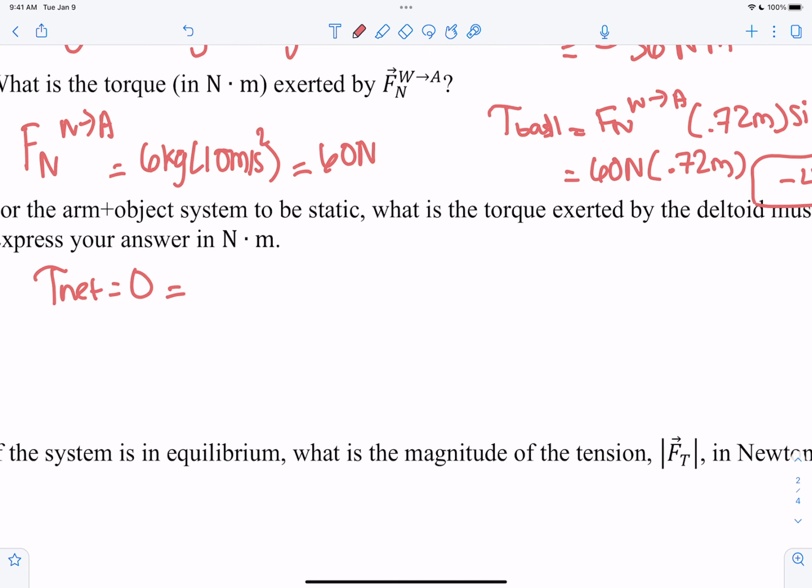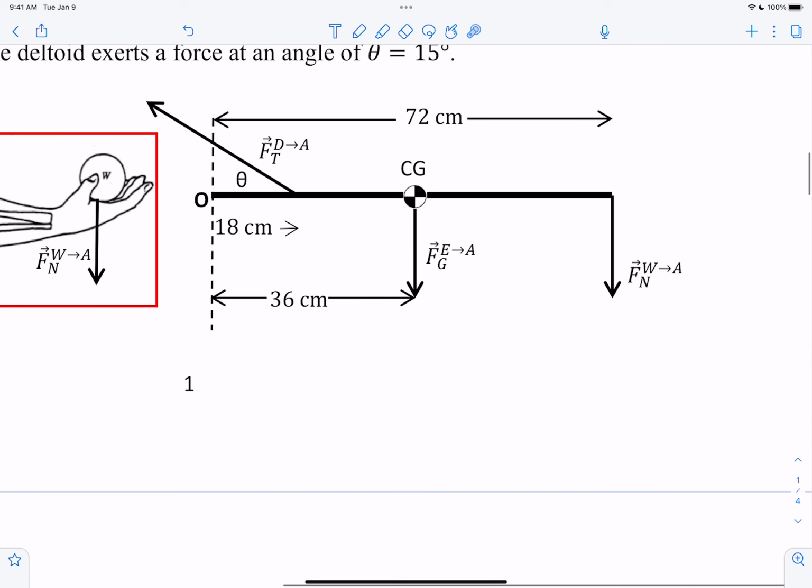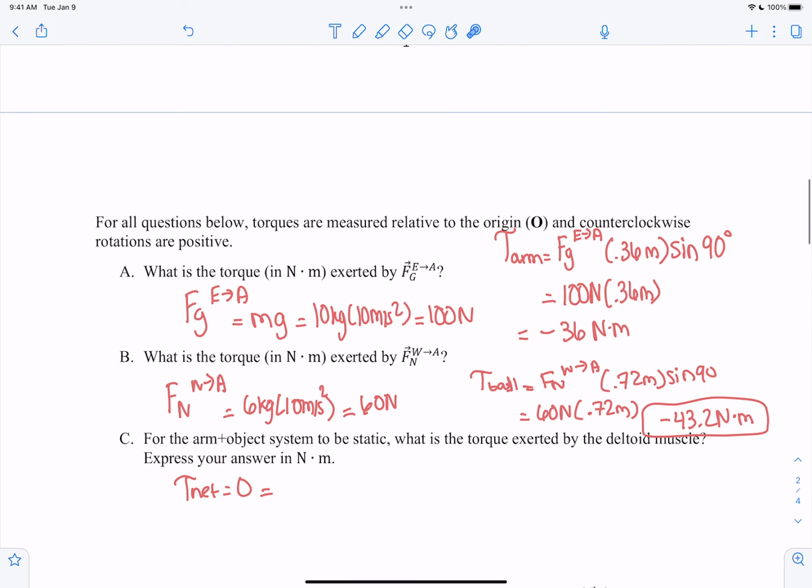And that's going to be equal to, well, let's look here. We have a negative torque from this force right here and a negative torque from this force right here because they're both going in the clockwise direction. How about Ft? What direction is it going? Counterclockwise, right? Excellent. So counterclockwise. So that's going to be a positive torque.